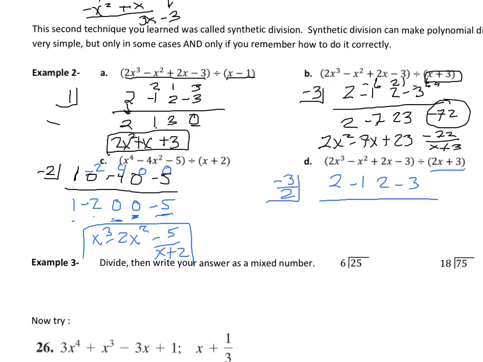Okay, so bring your 2 down. What's 2 times -3 over 2? 2 times -3 halves, it's just -3, right? Double 1 1/2 is 3, right? So we get -3 here. -3 minus 1 is -4. What's -4 times -3 halves?